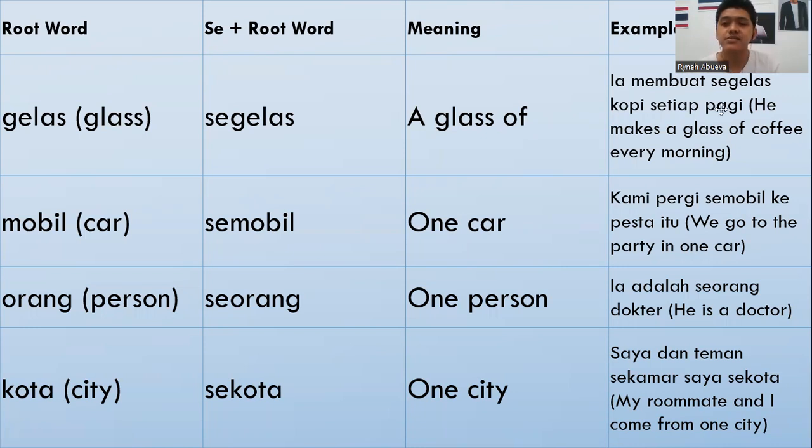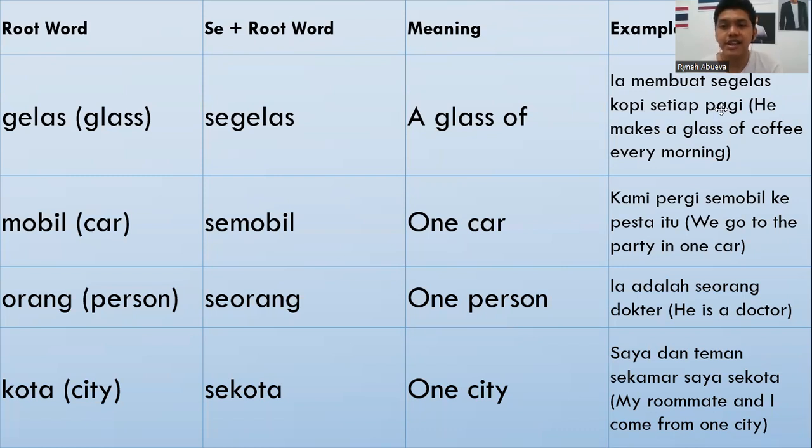Second one is mobil. Mobil means car. It becomes semobil, meaning one car. For example, Kami pergi semobil ke pesta itu. We go to the party in one car.